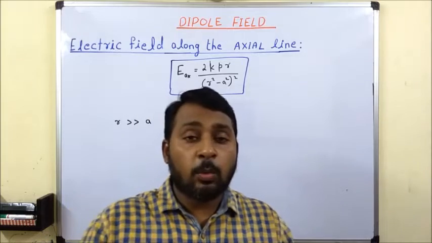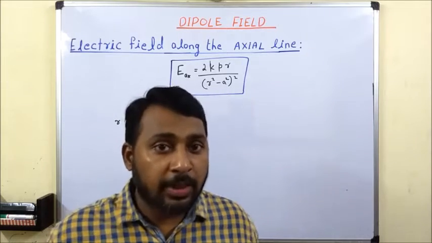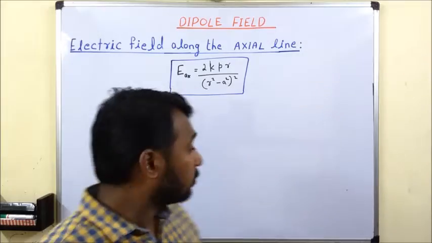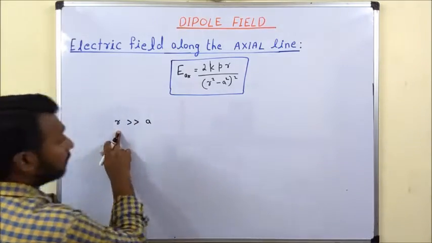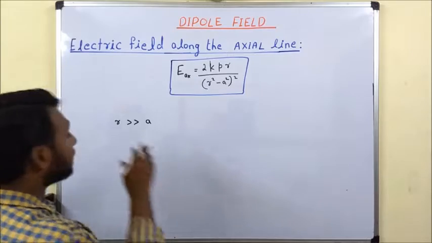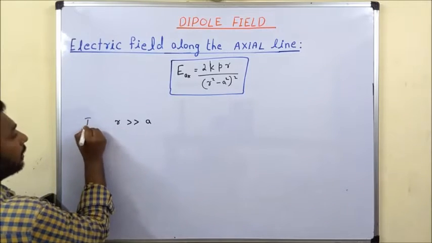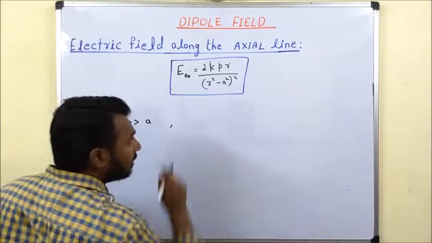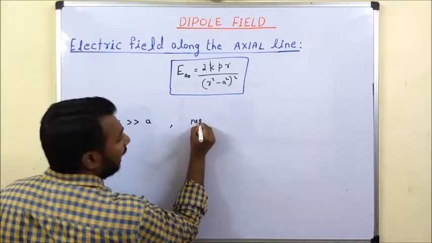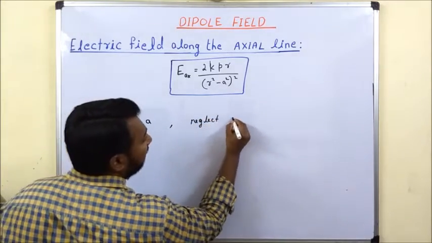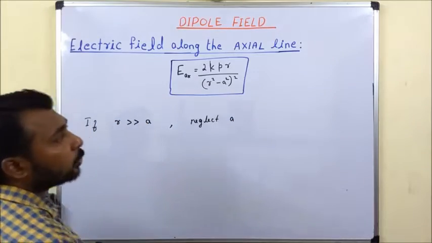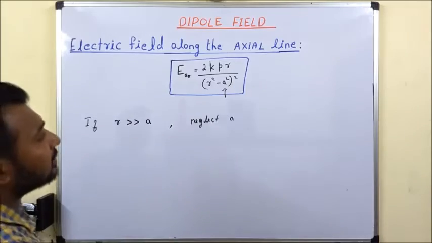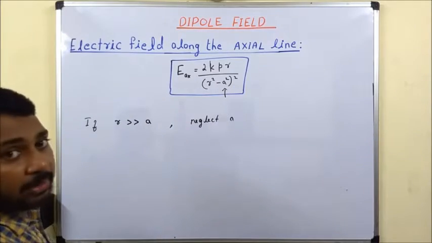Half the distance between the charges of the dipole: the distance is 2A and half of it is A. So if R is very much greater than A, in this equation you can neglect the value of A.